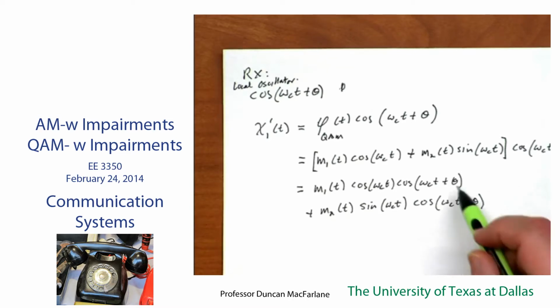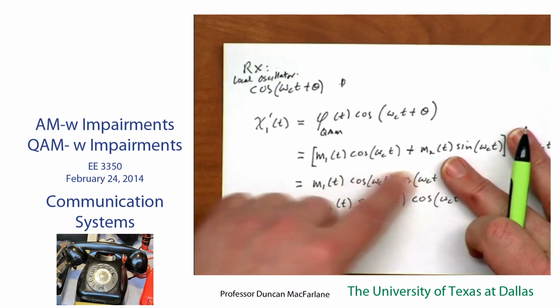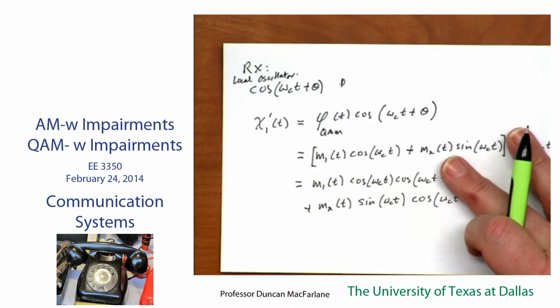Now, ordinarily, in a perfect world, if that theta was gone, then this guy would have the DC term and the twice omega frequency term, and that would average out to m1 of t. That's what we'd like.